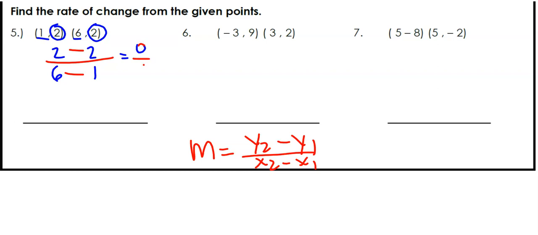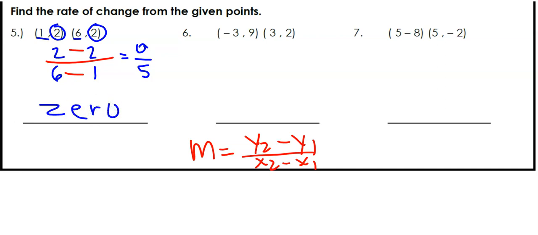A reminder to you that anytime your fraction has a 0 in it, you have to interpret it. You either have to say, is it 0 or is it undefined? And a 0 in the numerator is 0.